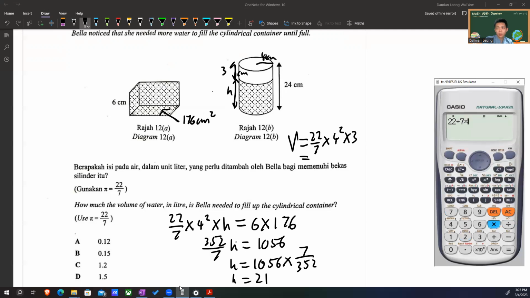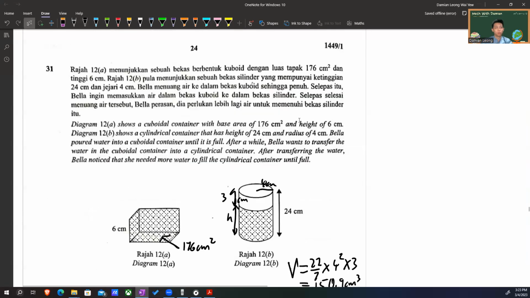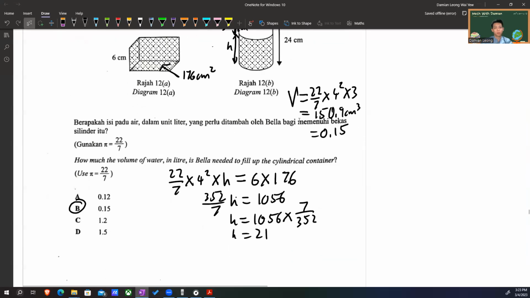So 22/7 times 4 square times 3, which is 150.9 cm cube. Change to liters, divide by 1000, 0.15 basically. So the answer would be B.